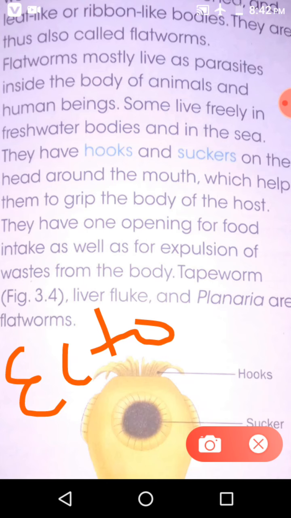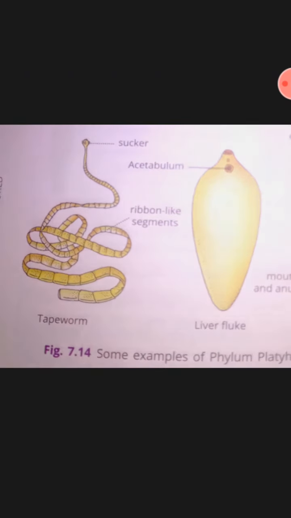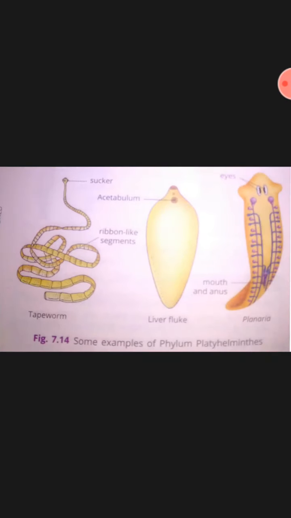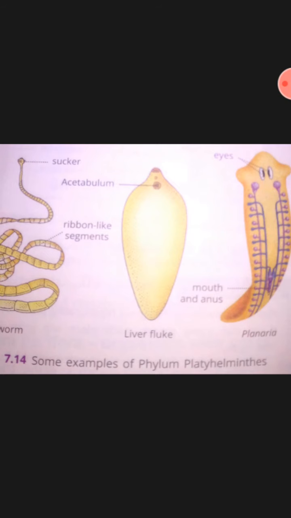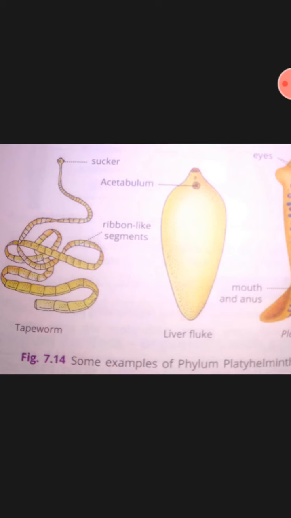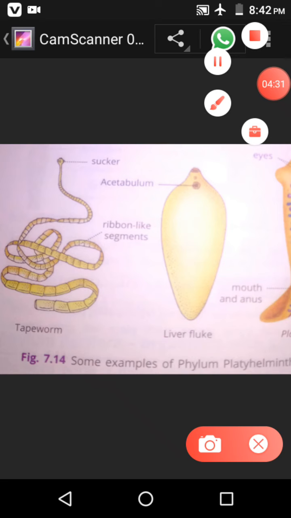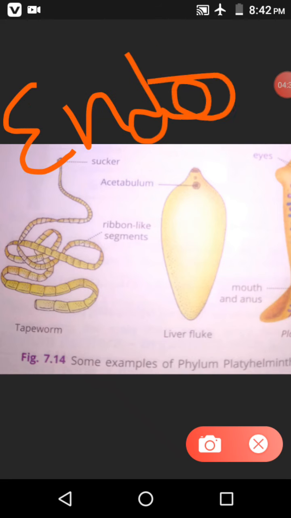In the same manner, some parasites live inside the body, such as tapeworm and liver fluke. All these are examples of Platyhelminthes, the flatworms. They act as endoparasites. Endoparasite means which lives inside the body.